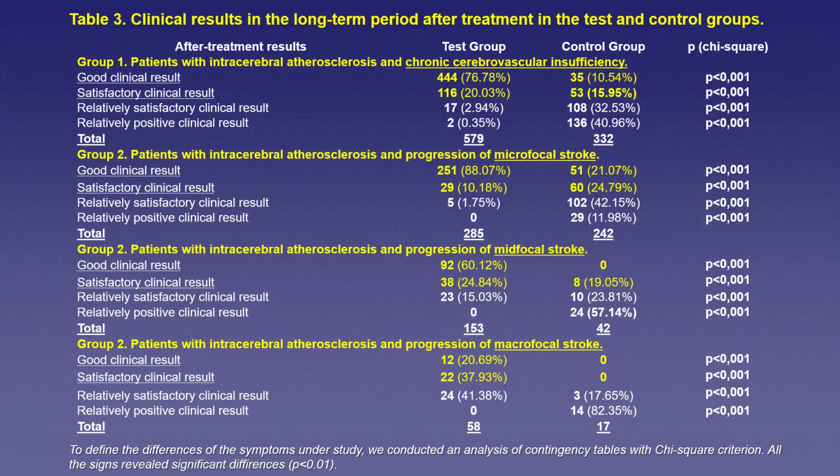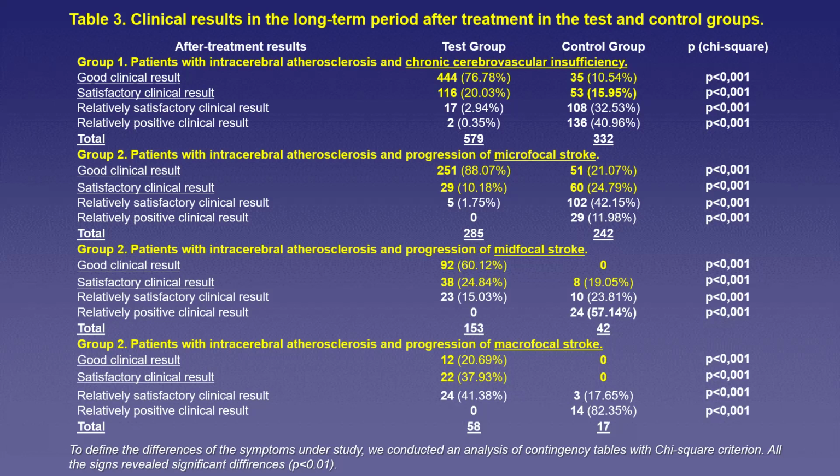Group 2, patients with intracerebral atherosclerosis and progression of mid-focal stroke, good clinical results were shown in 60% for the test group, and they were not shown in the control group. Satisfactory clinical results were shown in 24.8% in the test group and in 19% of the control group.